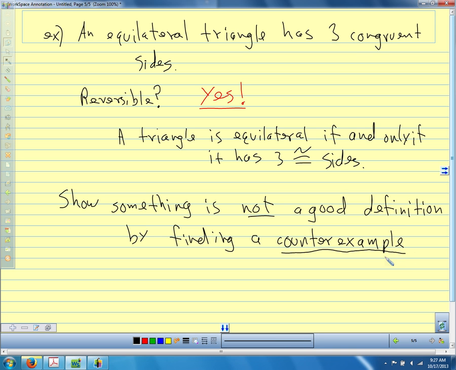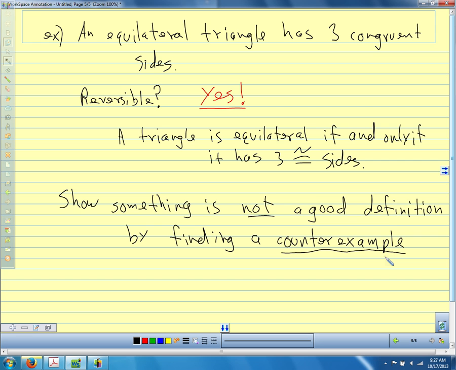So this is how we show that a definition is not a good definition. We find a counterexample. How many do we need to find? One. We only need to find one. So if we can find a single counterexample, that shows that our definition is not a good definition.